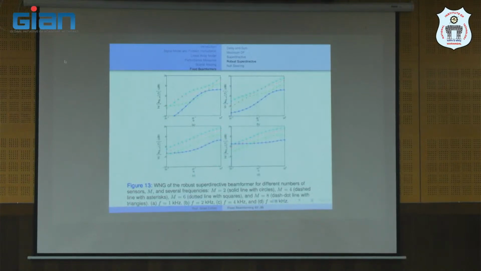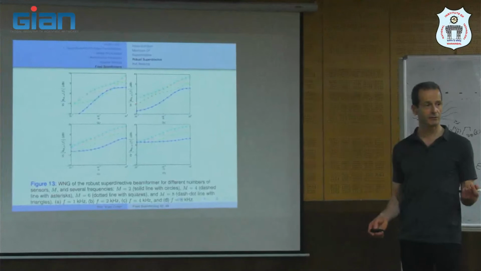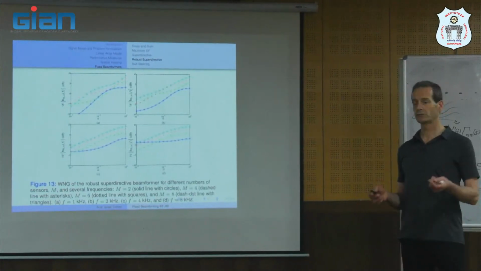What happens to the directivity factor when we increase alpha? What do you think? When we increase alpha, the white noise gain increases. So what happens to the directivity factor? Decreases. We pay for that. This is the trade-off.